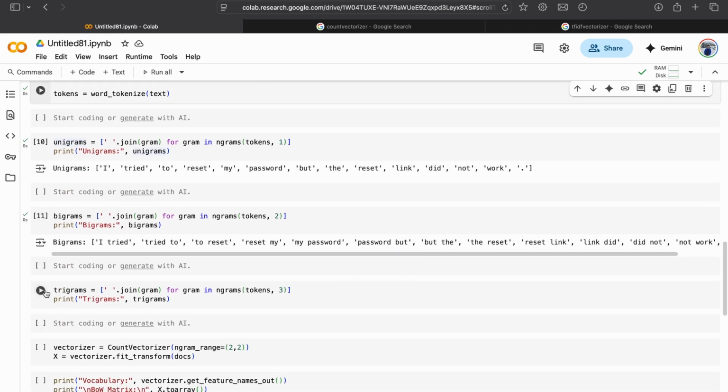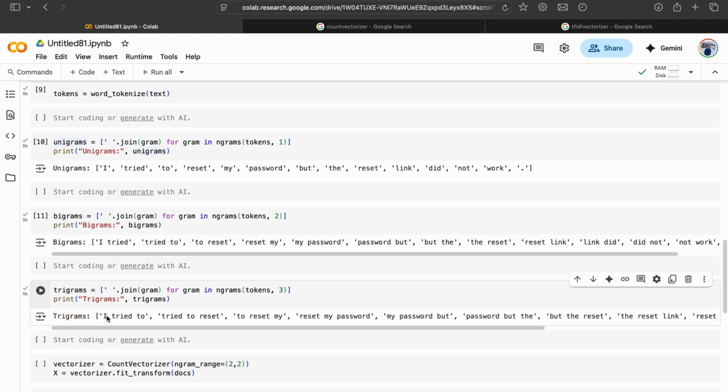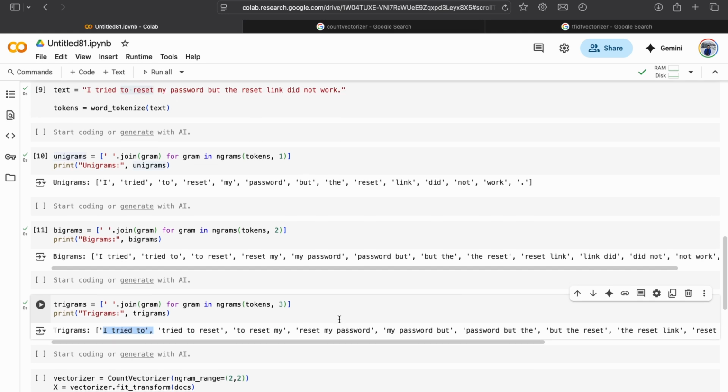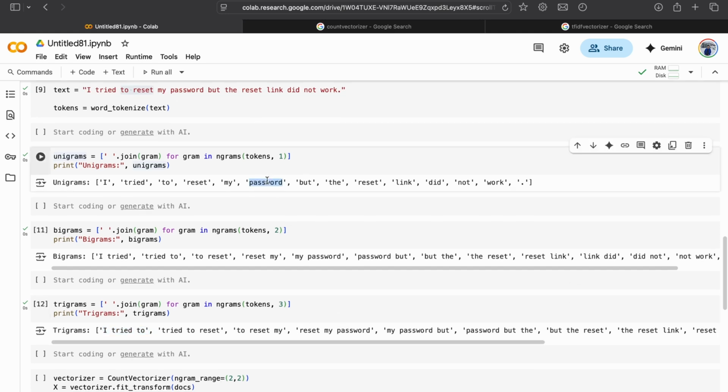And then we have this trigram. As you can imagine, it's just a combination of three tokens. So "I tried to," "reset my password." As you can see, if you jumble up the unigrams, it will be very difficult for you to understand what the sentence was.